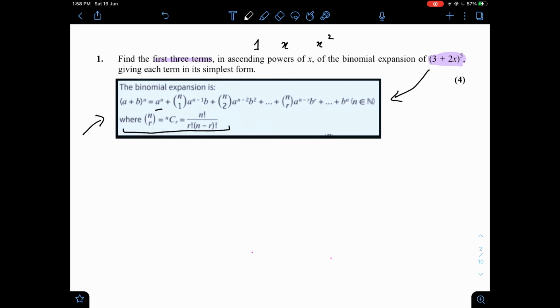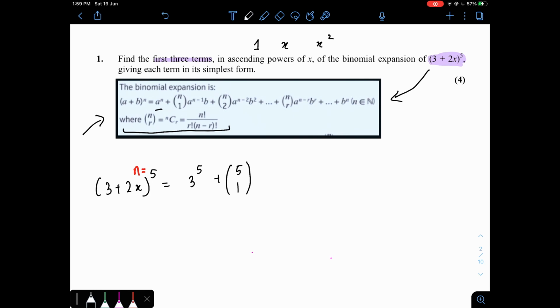So (3 + 2x)^5 equals, okay, so what's our n? You can see that our n in this case is 5. So we just substitute: that would be 3 to the power of 5, plus 5C1, and here I'll highlight the n that we're looking at.